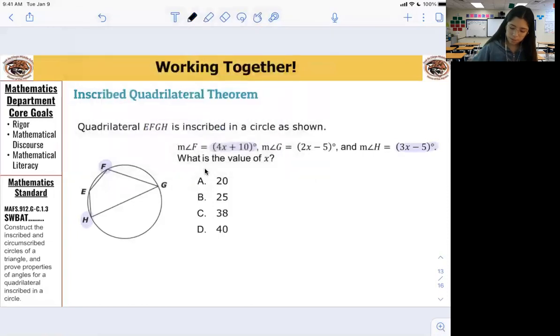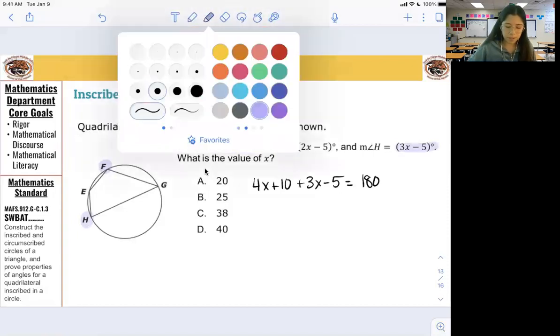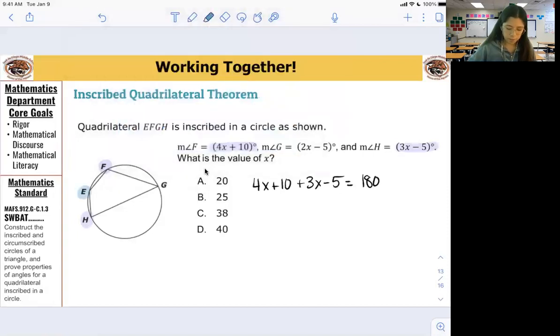So those are the ones I'm going to use. So that means 4x plus 10 plus 3x minus 5 equals 180 degrees. Okay, G is not supplementary to either of those. G would be supplementary with E, but we don't know E, so we can't do anything with that.